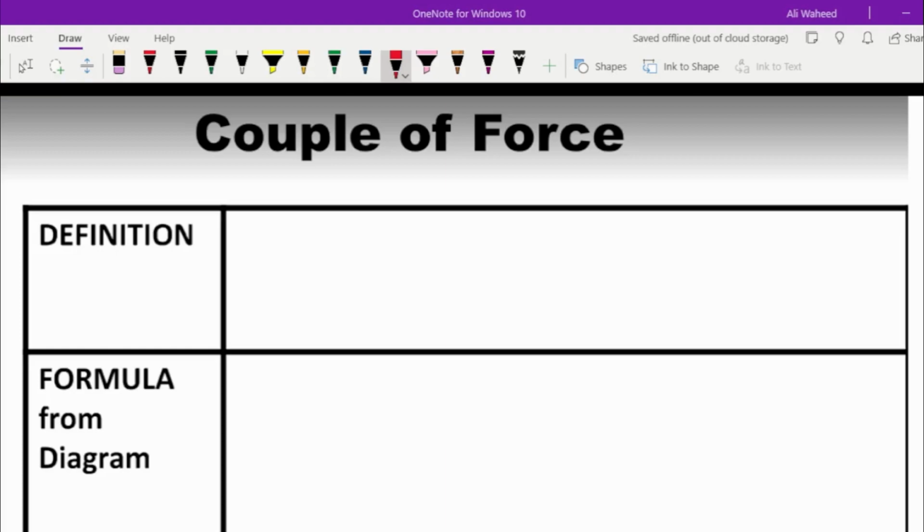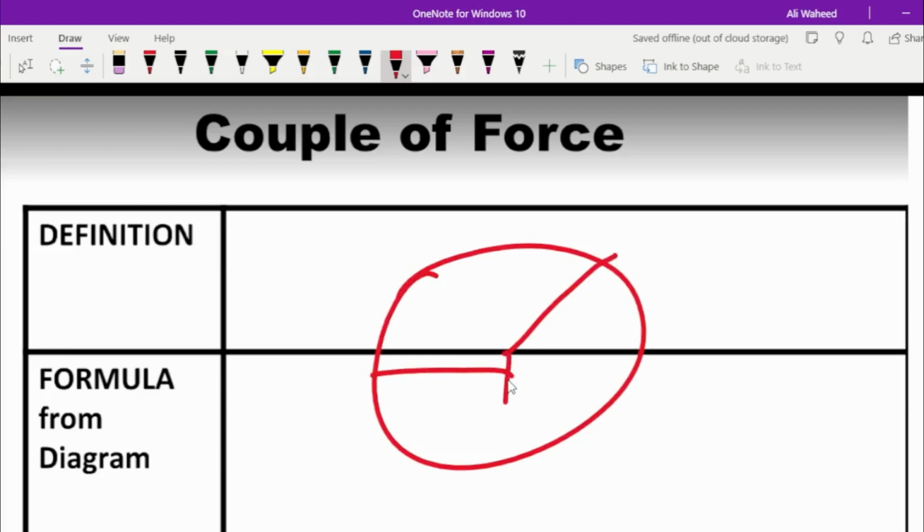Just an easy concept. For example, you're steering your vehicle like this. So you want to steer right. What do you do for that? You press the steering wheel downward with your right hand and upward with your left hand.